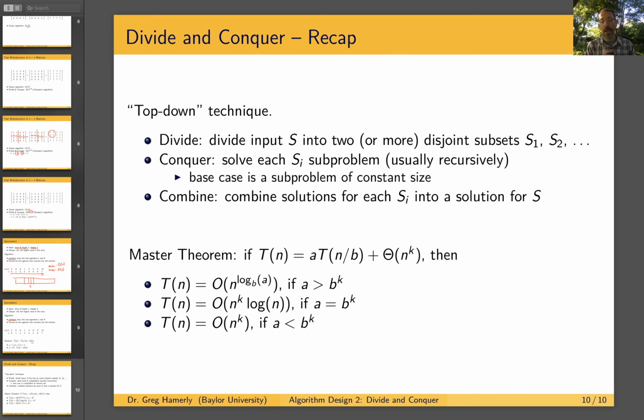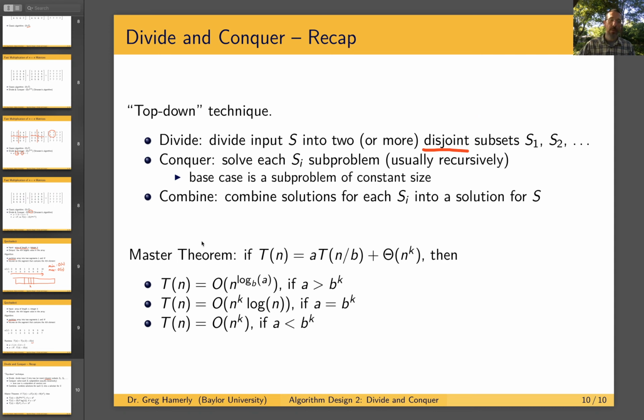Okay, so a recap on divide and conquer algorithms. It's a top-down technique. We think about big problems and how to divide them into subproblems, solve those recursively, and then combine their solutions. And the really important thing here is that when we divide, we're dividing into disjoint, non-overlapping subproblems, because if they're overlapping, then we're breaking one of our rules of recursion.